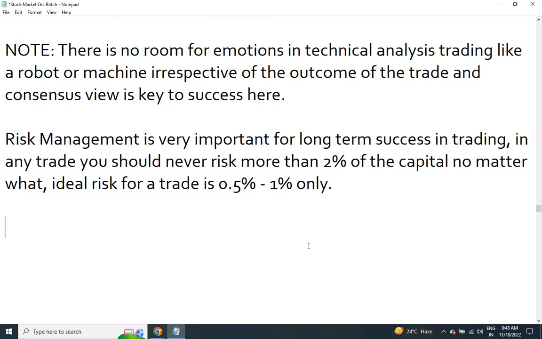So now note down the two things that we are going to do in technical analysis. Firstly, technical analysis for investment.